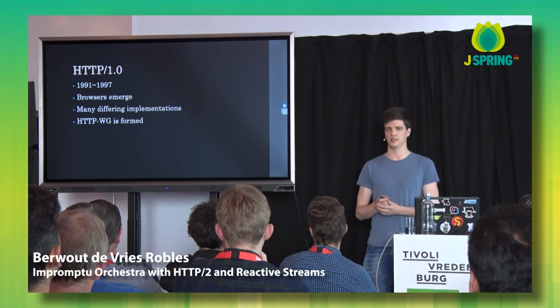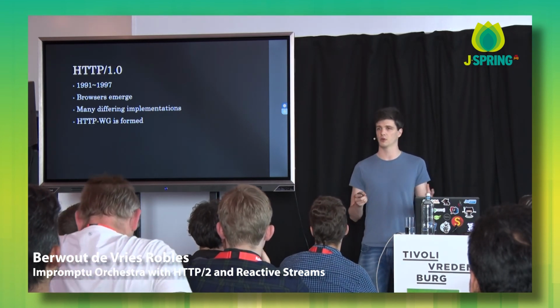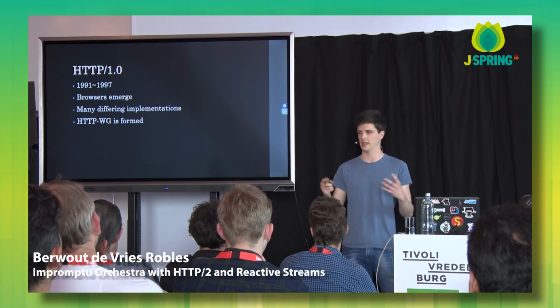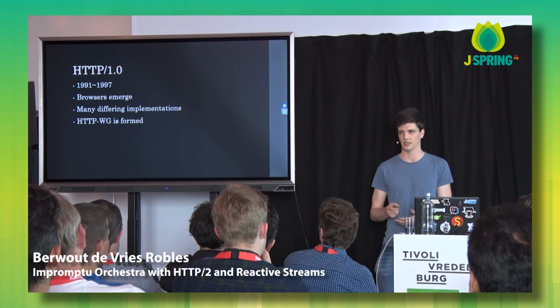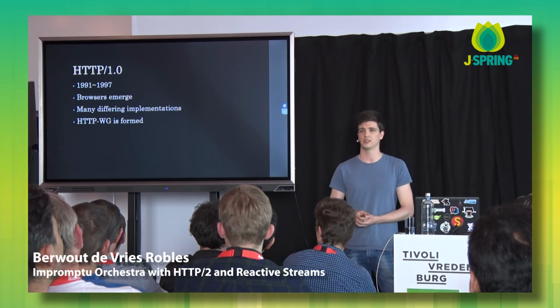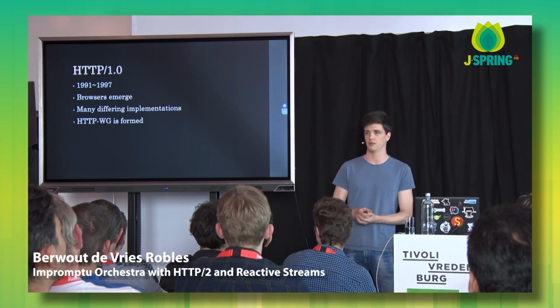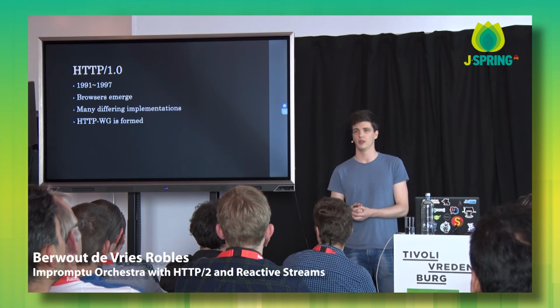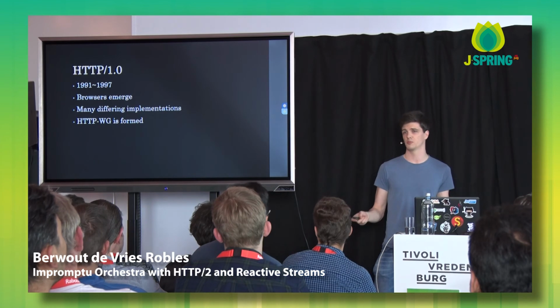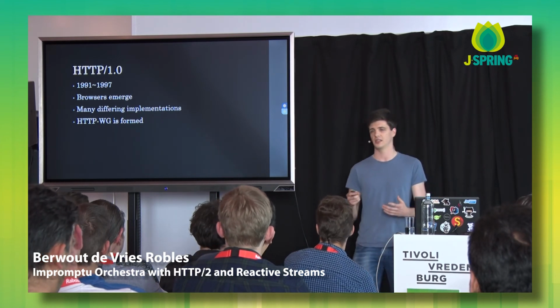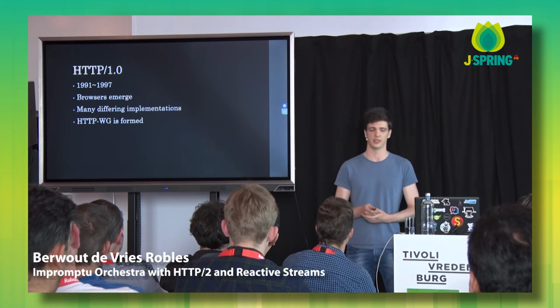In 1994, the HTTP working group was formed to address that issue, that everybody was implementing their own standards, basically. So in 1996, they made the first publication of HTTP 1.0, which said, this is how most people use it, and this is how you should probably use it. But it wasn't actually a set specification yet.